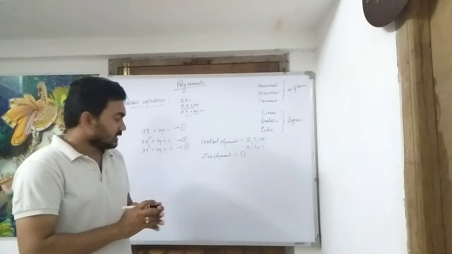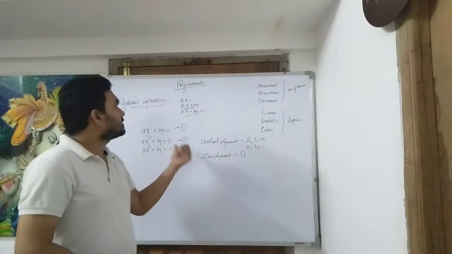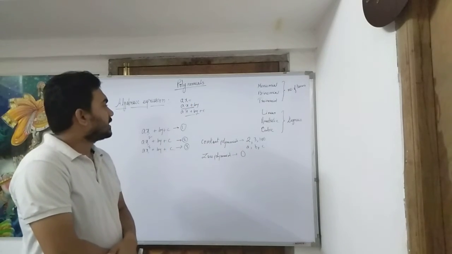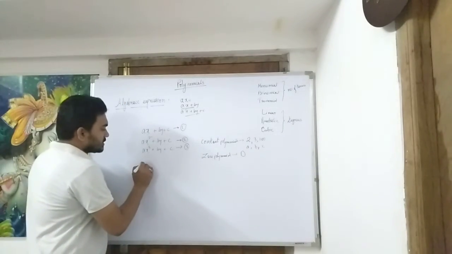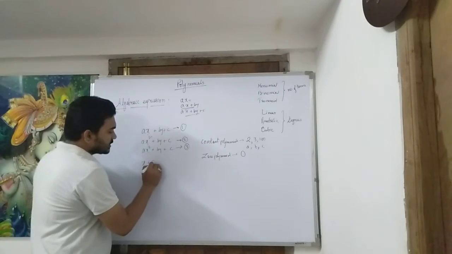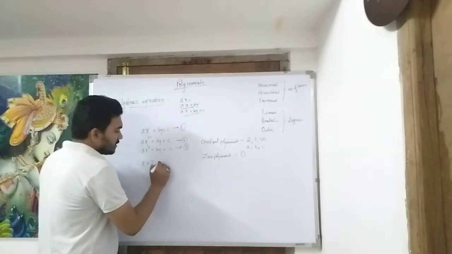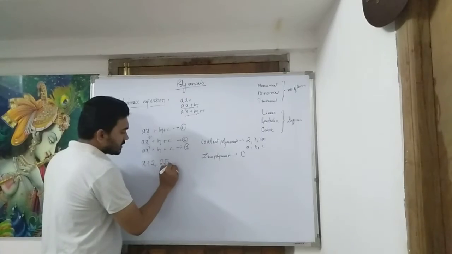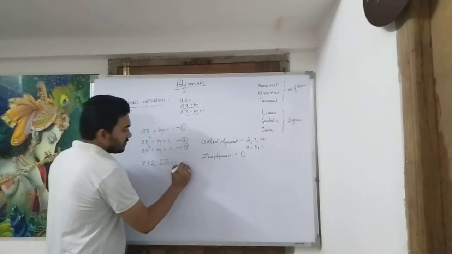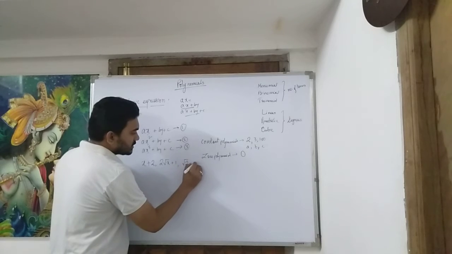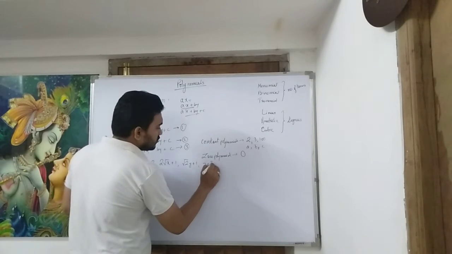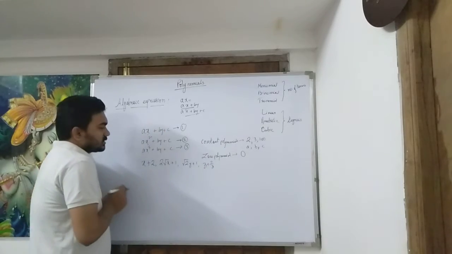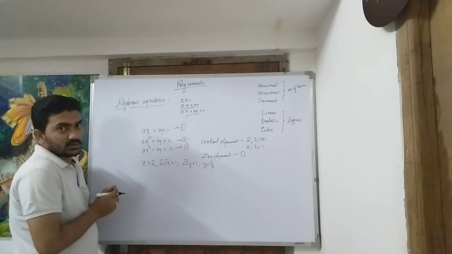So these are the basic things about polynomials, and let us take an example of how to find out the polynomials. Suppose we have x plus 2, 2 root x plus 1, root 2 y plus 1, and another one, z plus 2 by z. How to say which of these are polynomials and which are not?